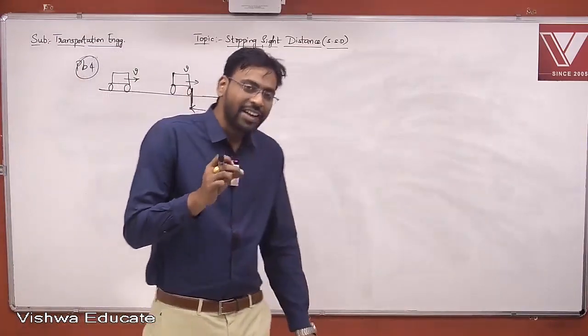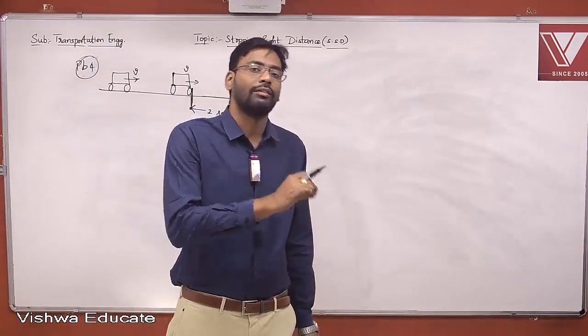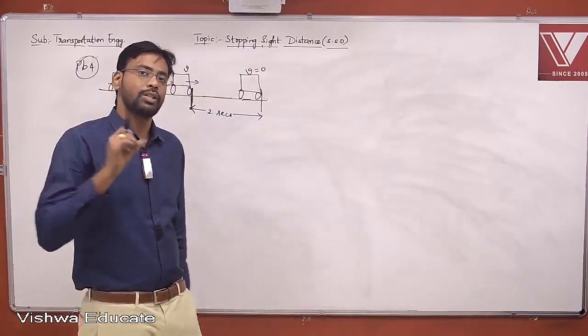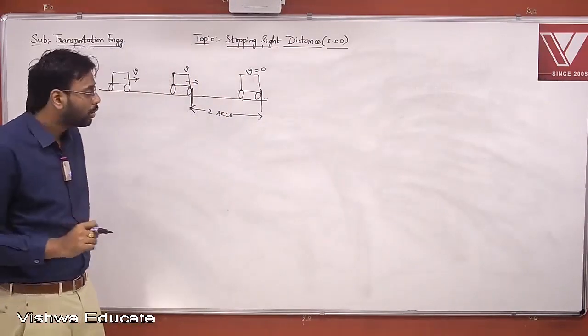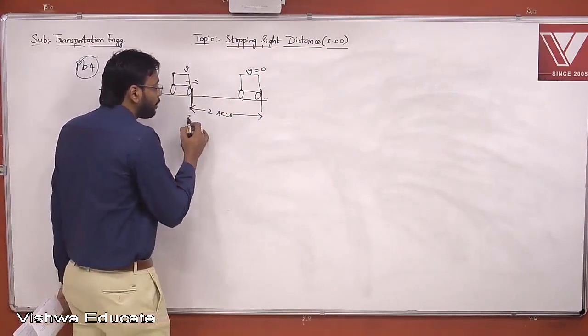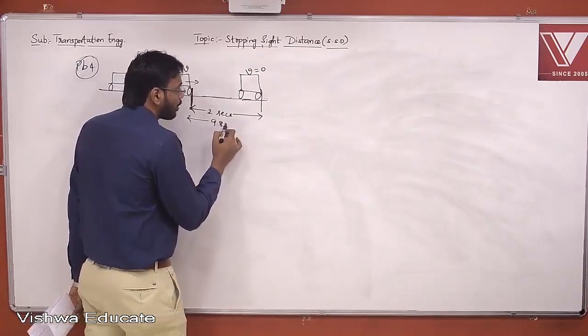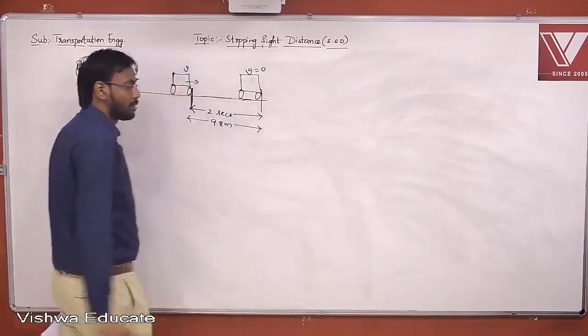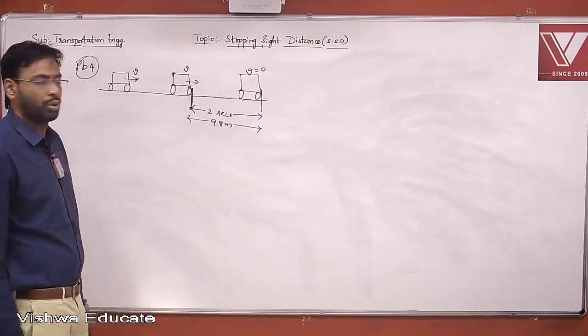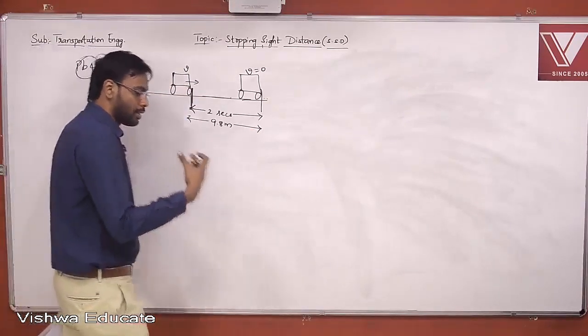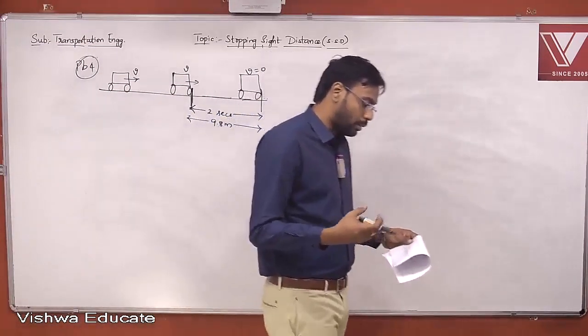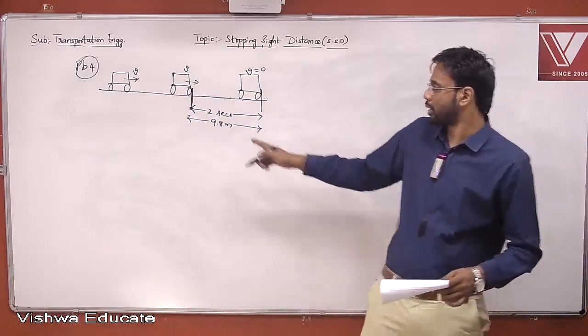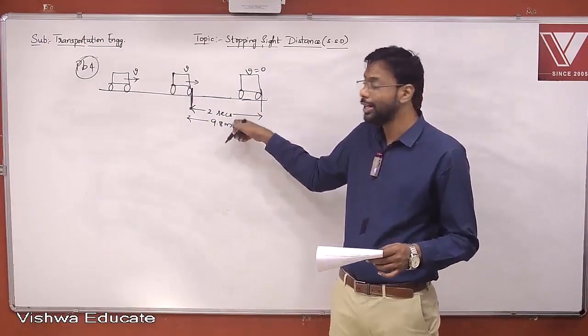And when does the vehicle skid? The vehicle will skid only after the application of brake. So that 9.8 meters is nothing but braking distance. That is the first thing that we need to know from this, because a vehicle was stopped in 2 seconds, right? By fully jamming the brakes.